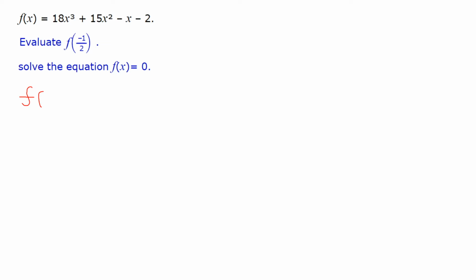So f of minus a half is just going to be 18 times minus a half cubed, plus 15 times minus a half squared, minus minus a half, minus 2.